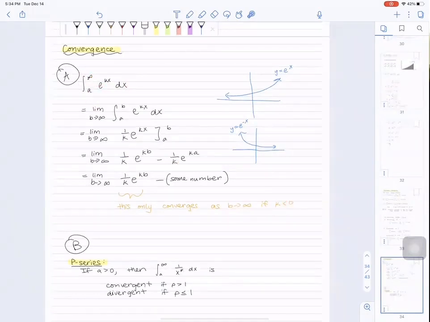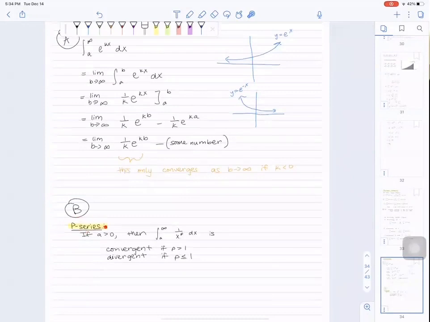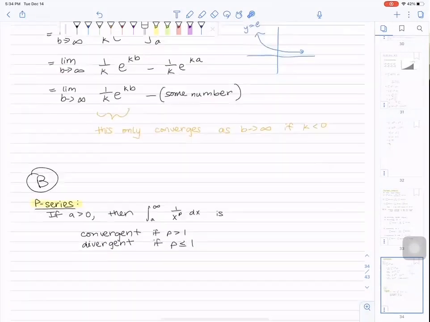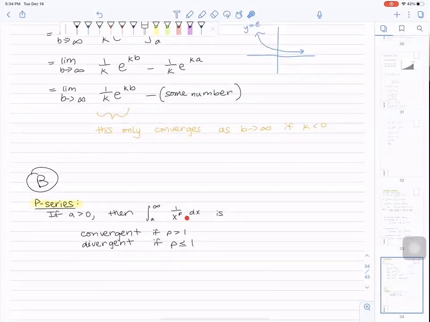The rule we just used was the p-series rule, where if we have this improper integral of 1 over x to the p, this always converges if p is greater than 1, and it diverges if p is less than or equal to 1. In the example we just had, we did 1 over square root x, or 1 over x to the half. 1/2 is less than 1, so that's why it diverged.